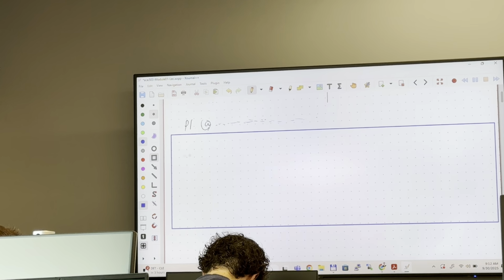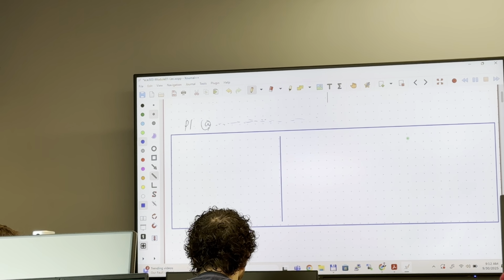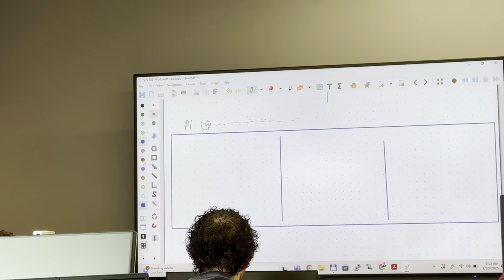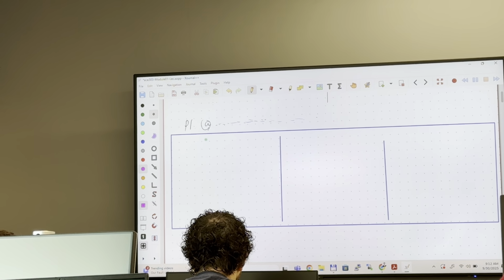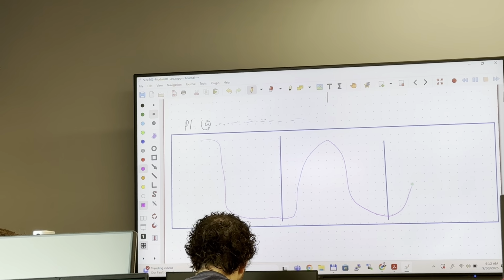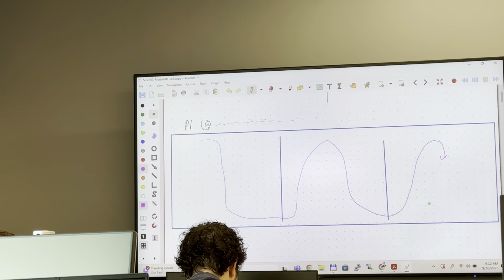What I suggest is that you divide the empty space like that, and then start your solution right from here. Once you run out of space, you go here. And once you run out of space in the second column, you go right here. You see that?